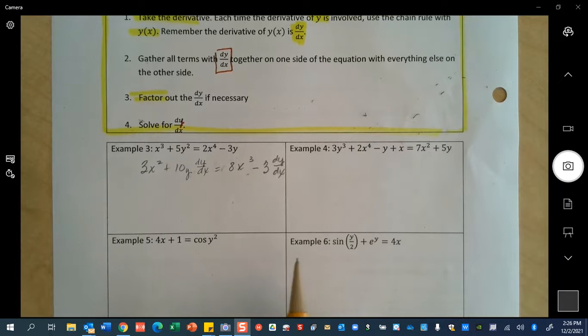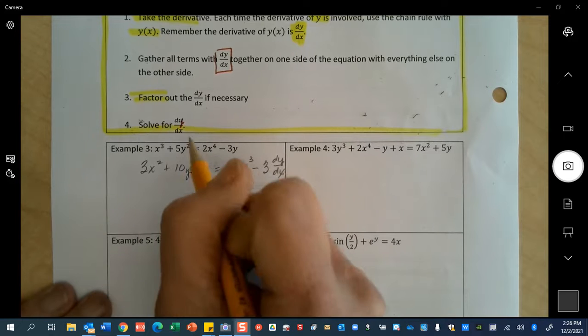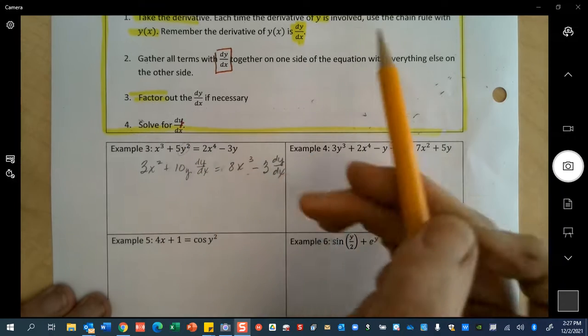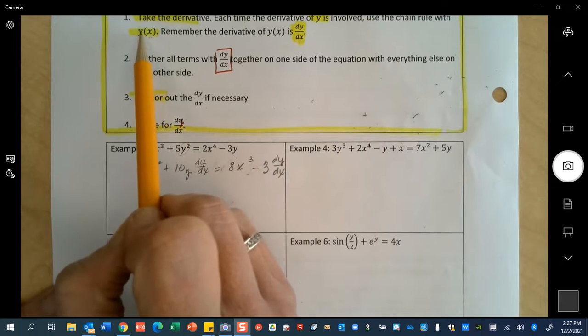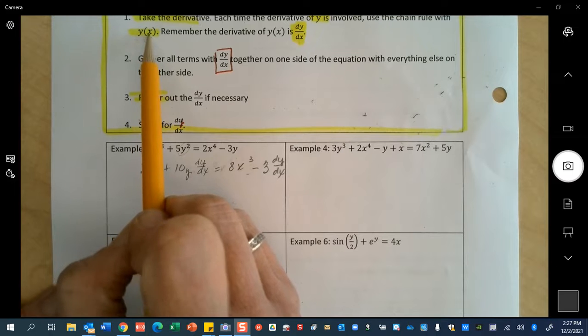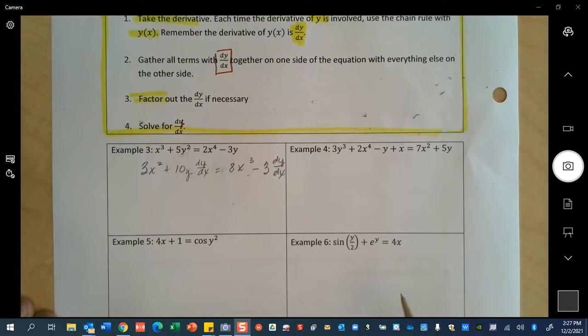If you want to think about each of these y's as this y of x, think about that chain rule where you're going to then take the derivative of y in terms of x.